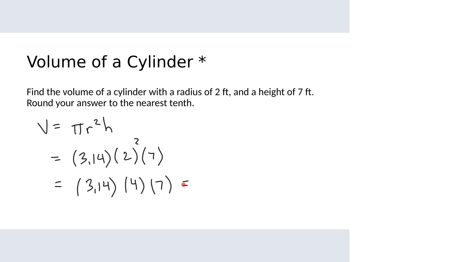We'll multiply all that together: 3.14 times 4 times 7, 87.92. We were told to round to the nearest tenth, and that's 4 or lower, so we round this down. 87.9. This is volume and it's feet, so it would be cubic feet.